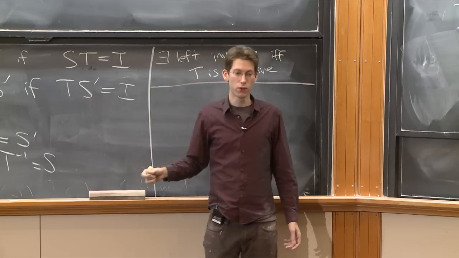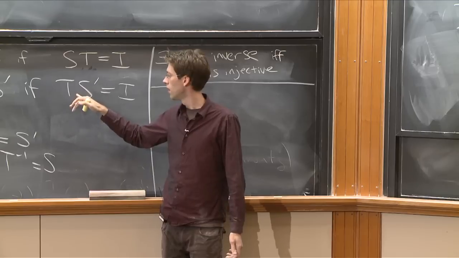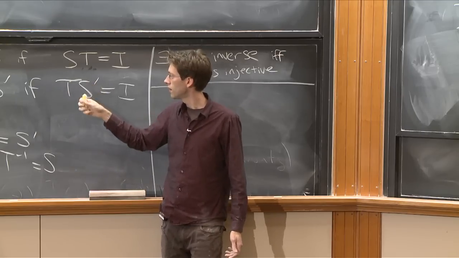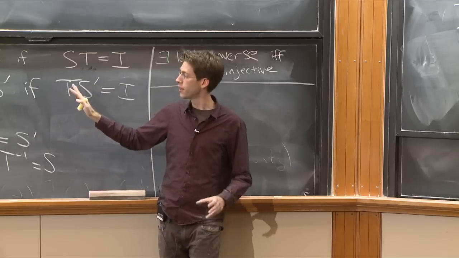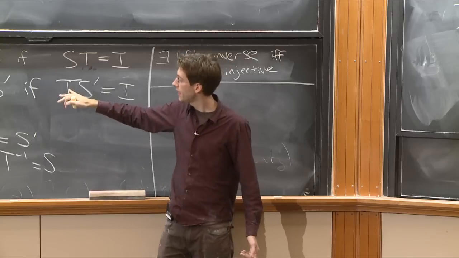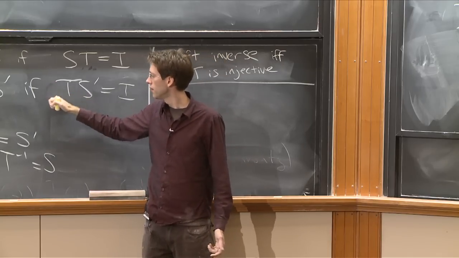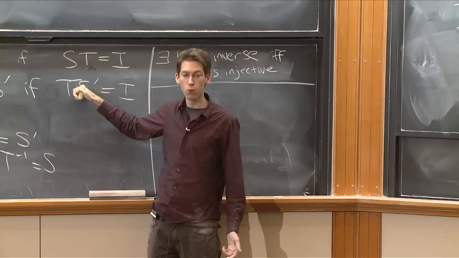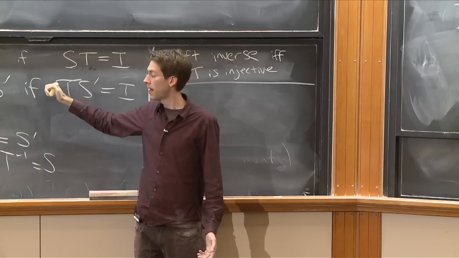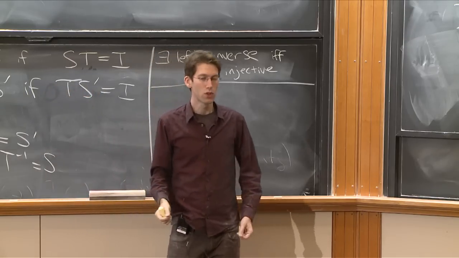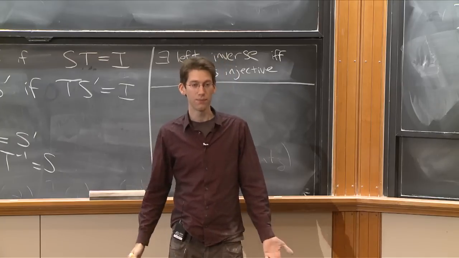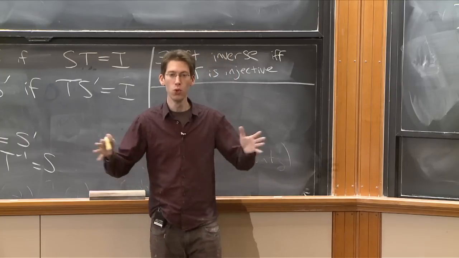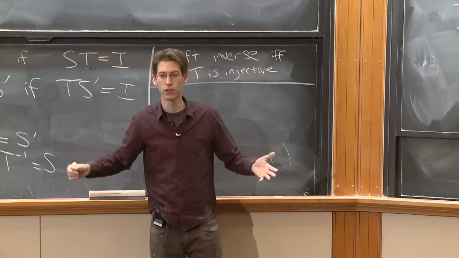Now for a right inverse, the situation is sort of dual to this. Here, we can multiply on the right by whatever we like, but there won't be anything on the left. So after the action of T, there won't be any further room to explore the whole vector space.